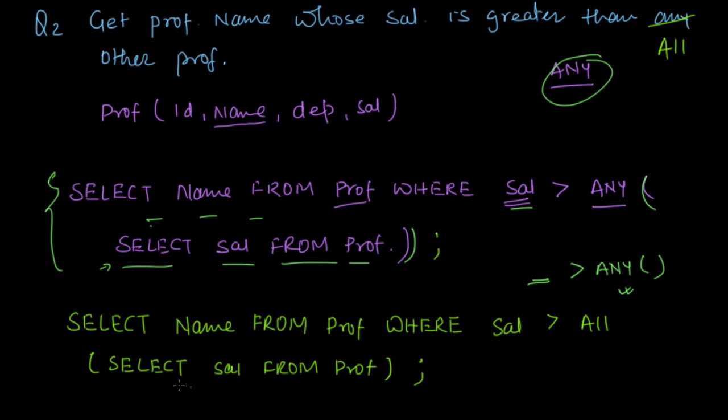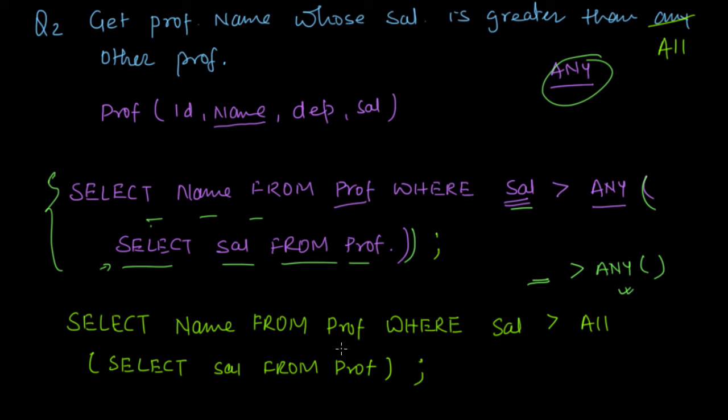First the internal query will list down all the possible values of salaries, and then for each record the external query will compare whether the salary for that record is greater than all the salaries in this list or set.